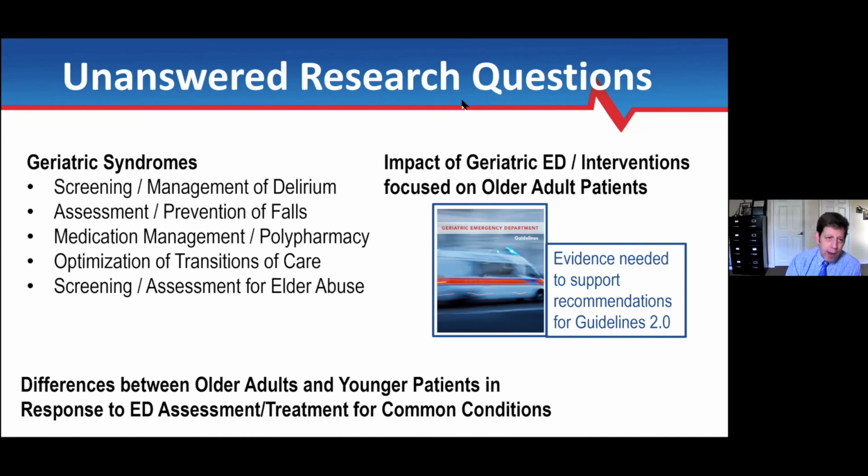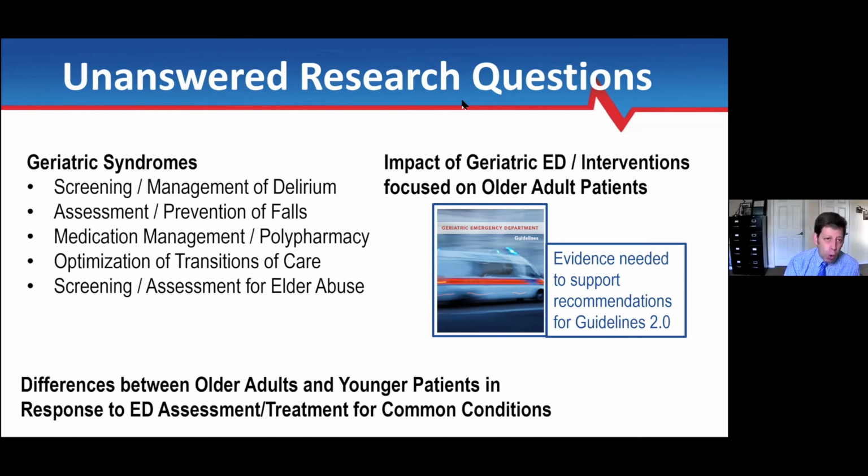Obviously, we'll also direct some of the talk later in the presentation to folks that are thinking, gosh, I'm glad I logged into this maybe, but this is not my area of academic interest. In fact, virtually any ED syndrome that you might be interested in studying, whether it be head trauma or sepsis or kidney injury, differences between older adults and younger patients in response to ED assessment and treatment for common conditions are critical.